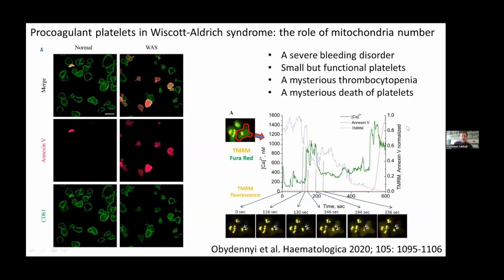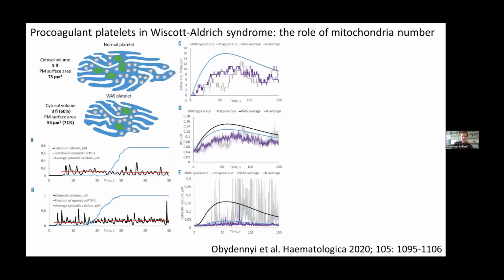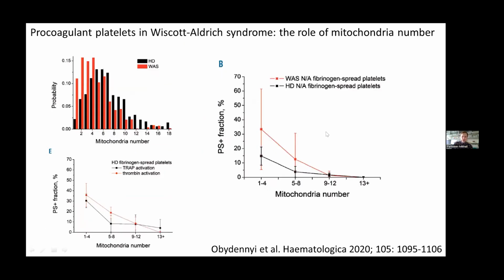We didn't have any idea of what to do with it until we used a mathematical model with several mitochondria to show that platelets with fewer mitochondria and smaller size undergo platelet death more readily because of their wrong volume to surface ratio and less stability of the metabolic network because of the fewer numbers of mitochondria.